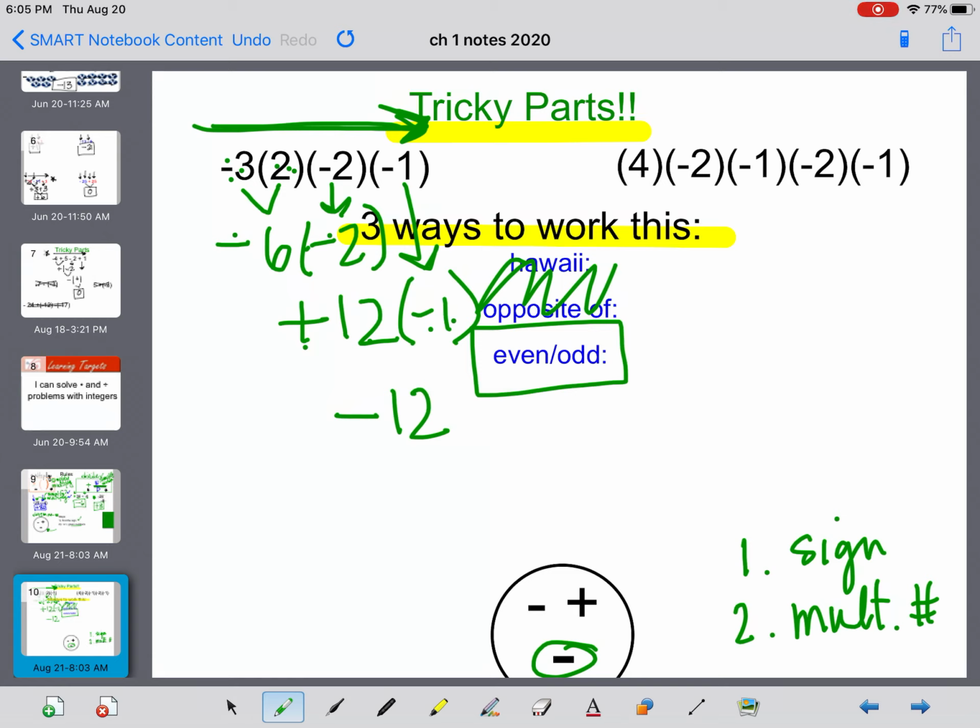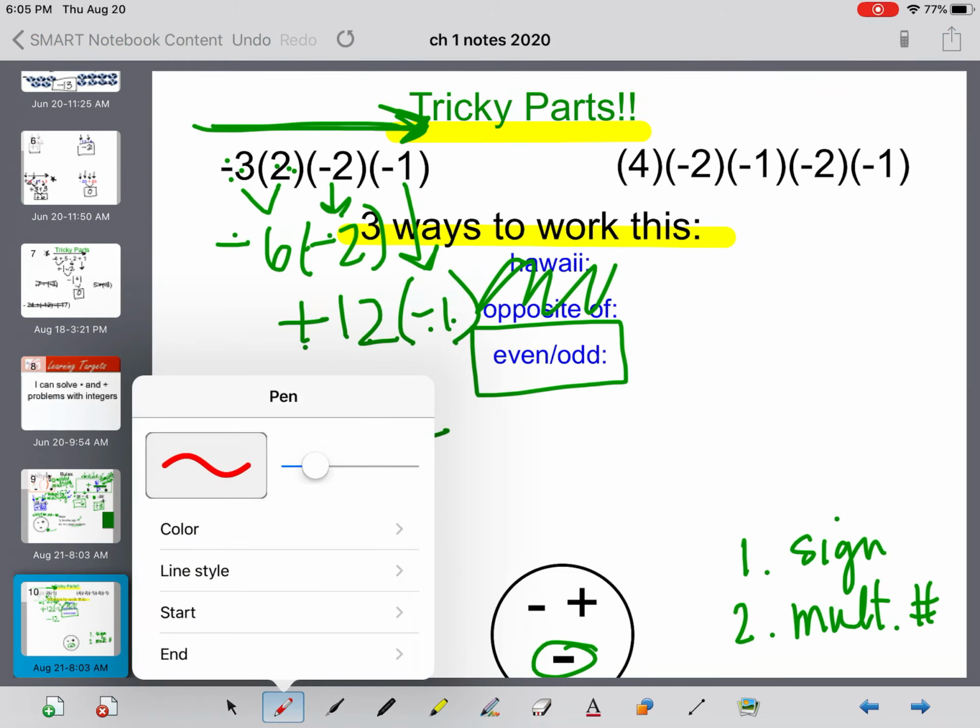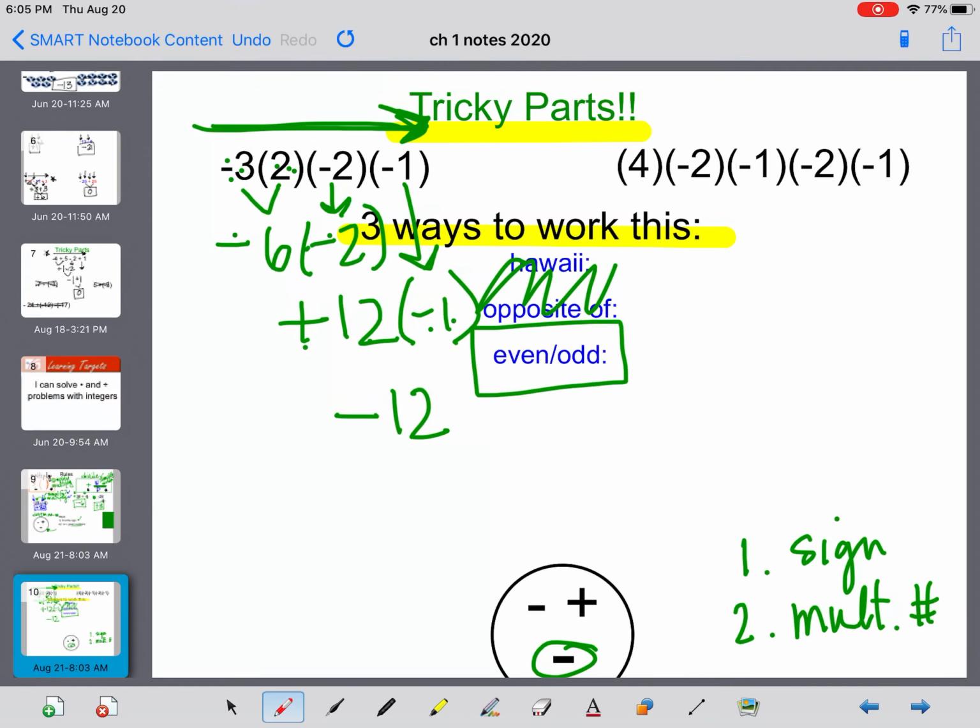Now, here's the tip or the trick that might make it a little bit quicker. Okay? I'm going to change colors. If I have an even number of negative signs, so over here I have 1, 2, 3, 4. 4 negative signs. That's an even number of negative signs.